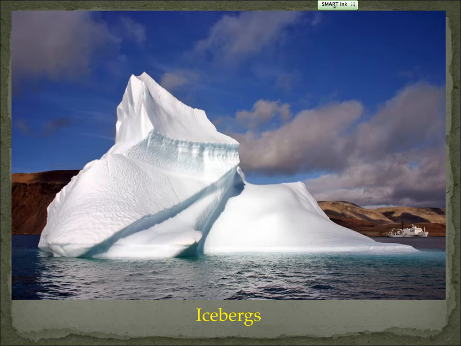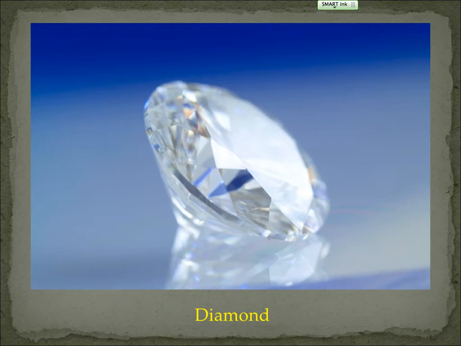That's a confuser. I don't know, I've never looked at ice close up. Diamond. They find diamonds with pressurized rocks, they cut them out.